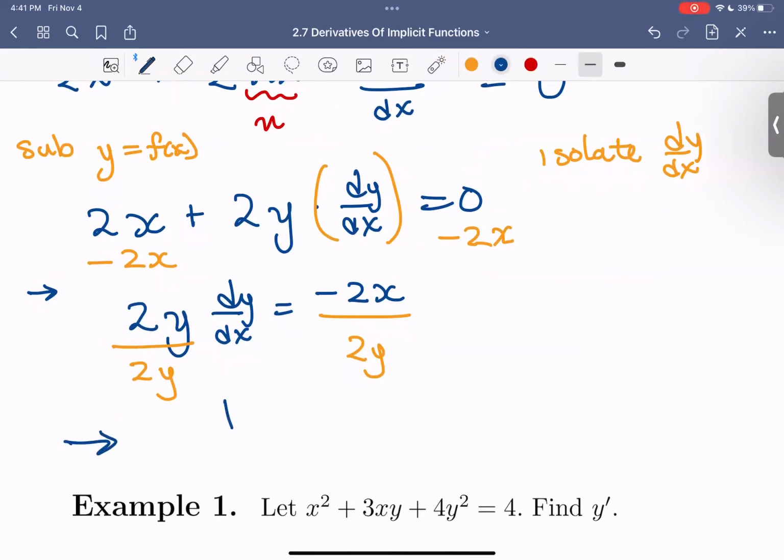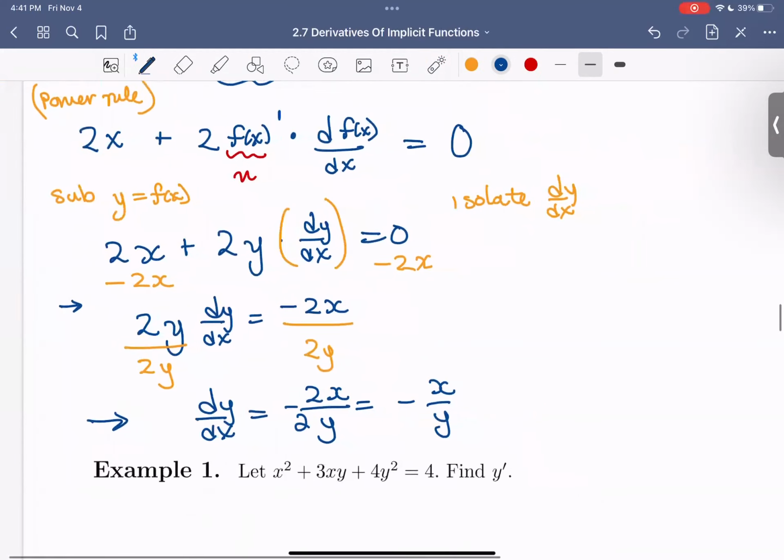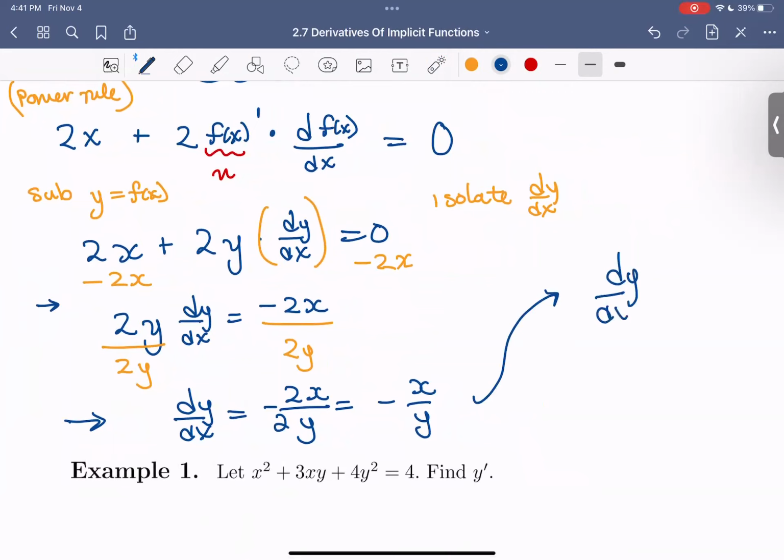So now that becomes dy dx is equal to negative 2x over 2y. There's an extra 2 on that denominator there. So when we simplify, we just get negative x over y. So then I can just remove that middle part and I have dy dx equals negative x over y.